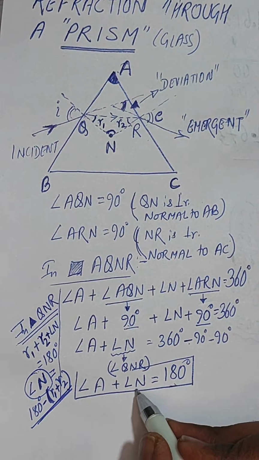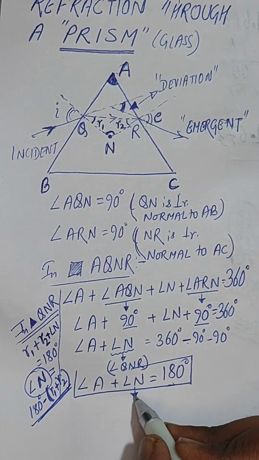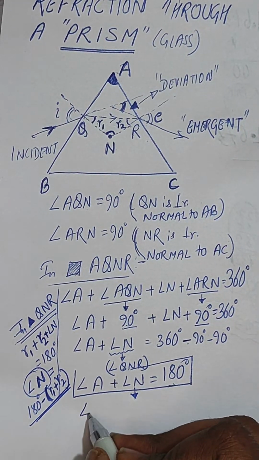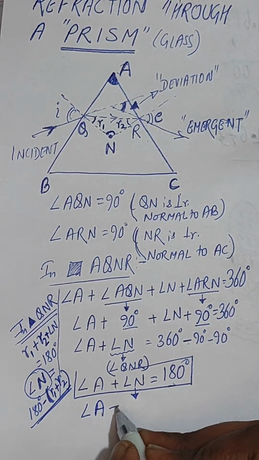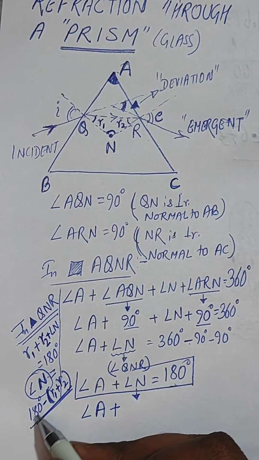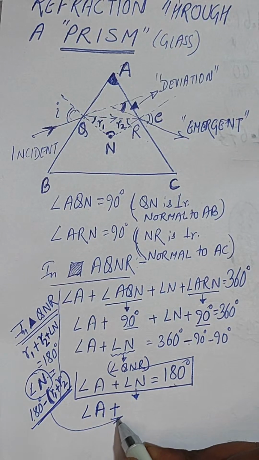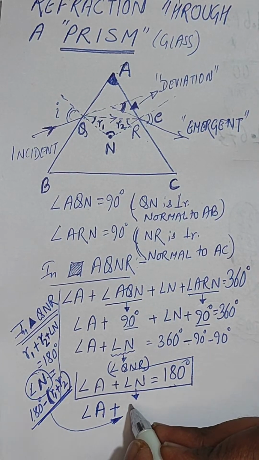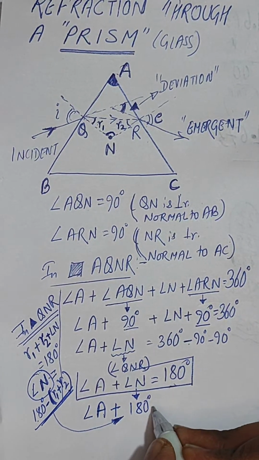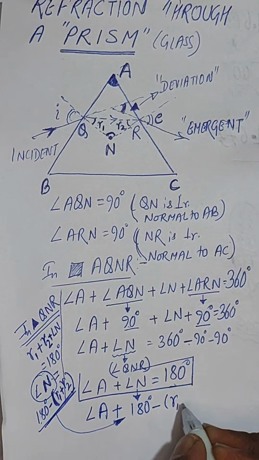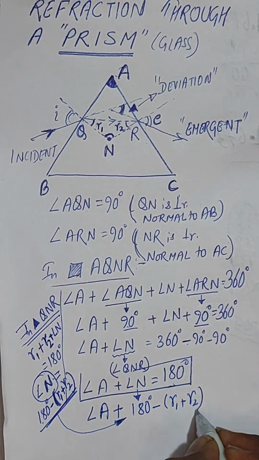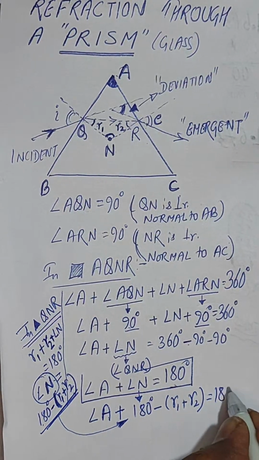If you substitute it over here, we get angle A plus, instead of N, write 180 minus (R1 plus R2), is equal to 180.